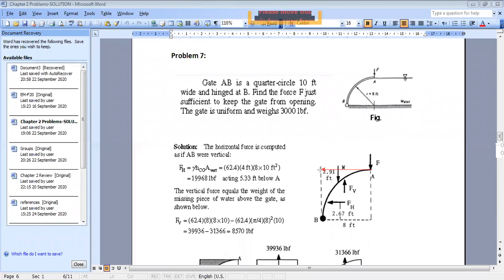This is the missing part. And from mass, if you want to find the centroid of an area, you can apply the rule that x bar, the x of the centroid, times the total area is equal to the sum of xi ai.